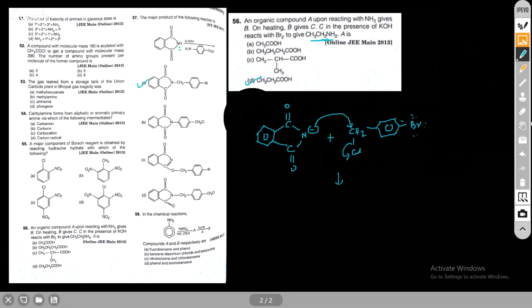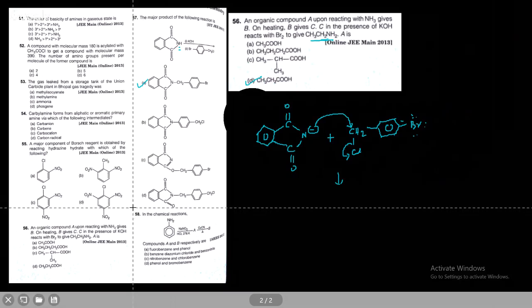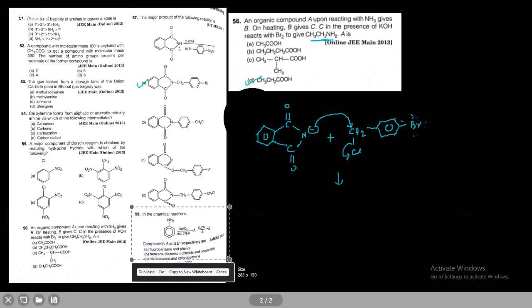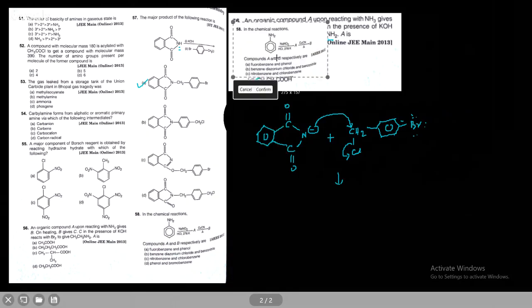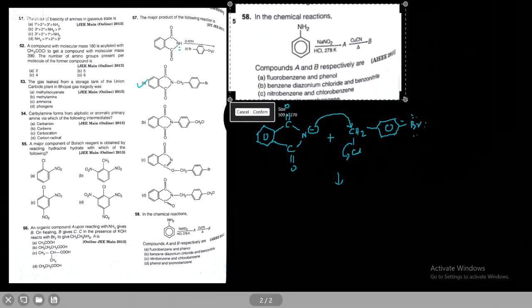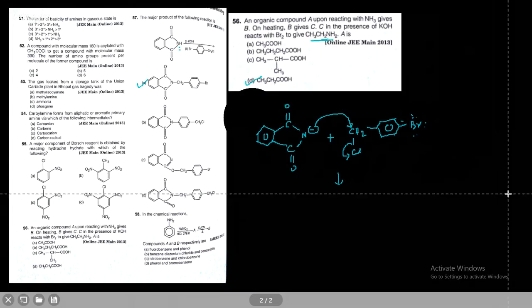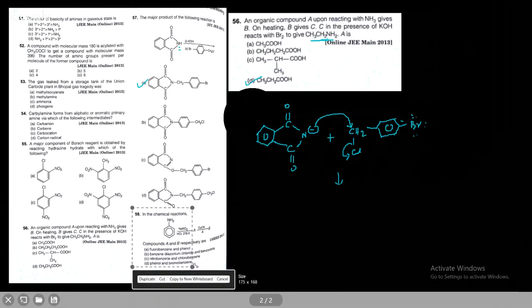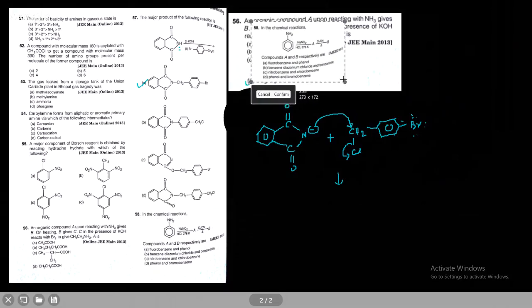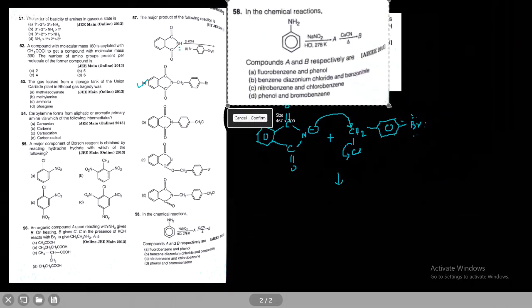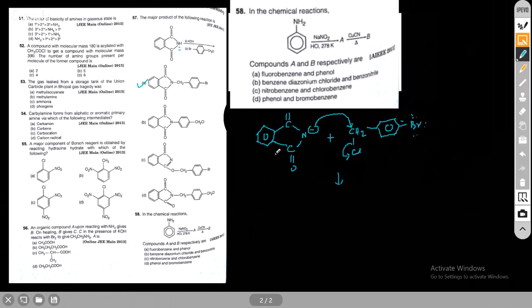Last one you do. Question number 58. So all of you are getting B. First A will get what?